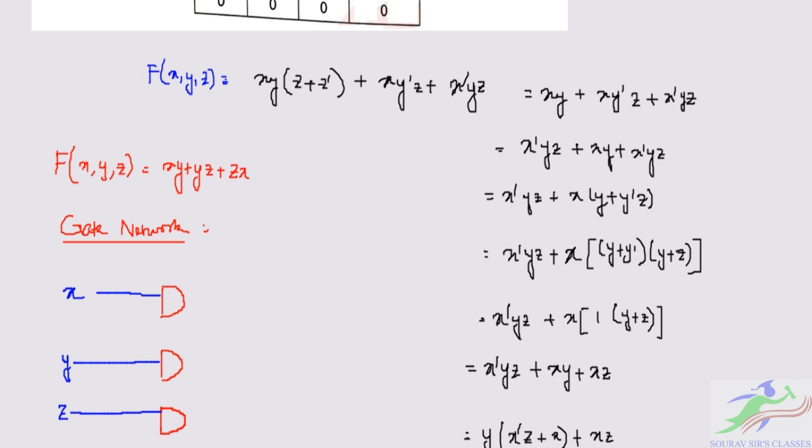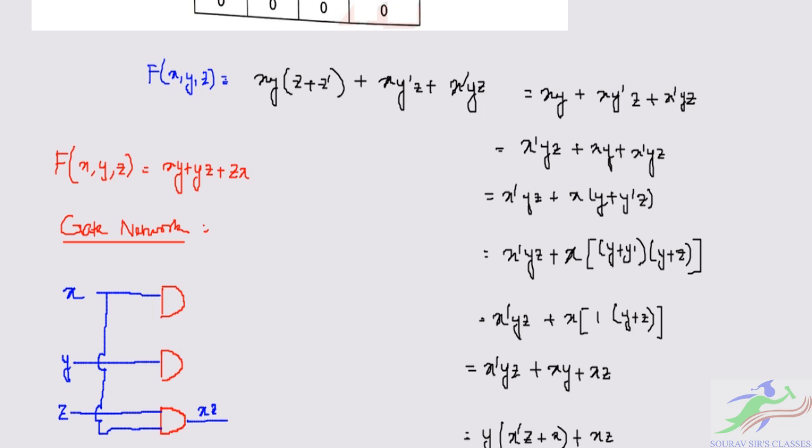From x we have xy and xz, so x will go to both of those gates. This is xz.